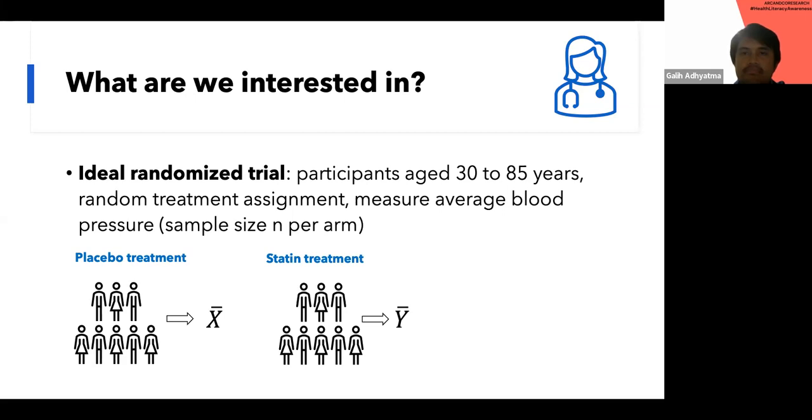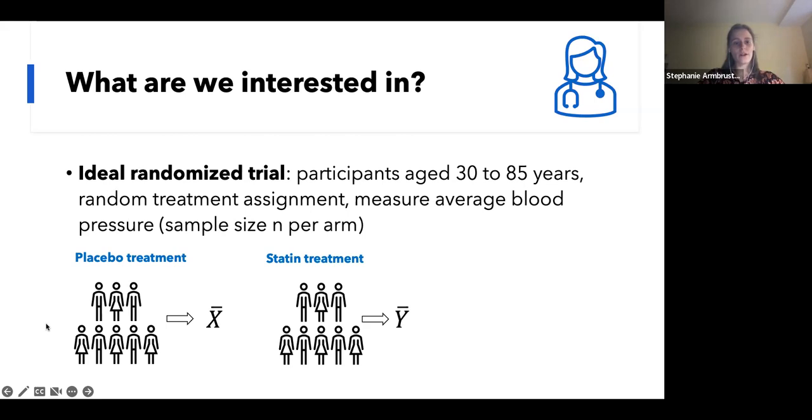And we can measure the average blood pressure for each group, and each group has, say, a sample size of n. We just use n as our variable or our fixed group size, but I just didn't put a number behind it. It could be 100, whatever. So we measure the blood pressure for each person, and then say we compute the average.